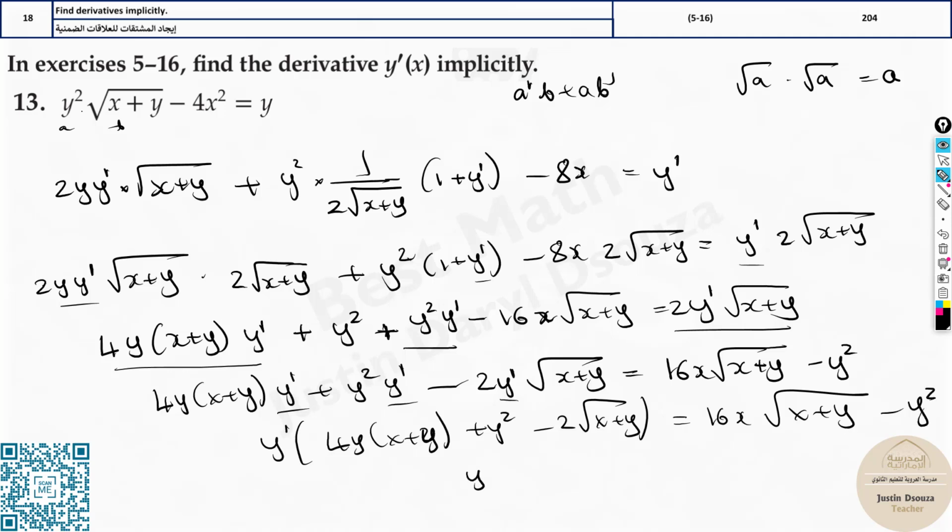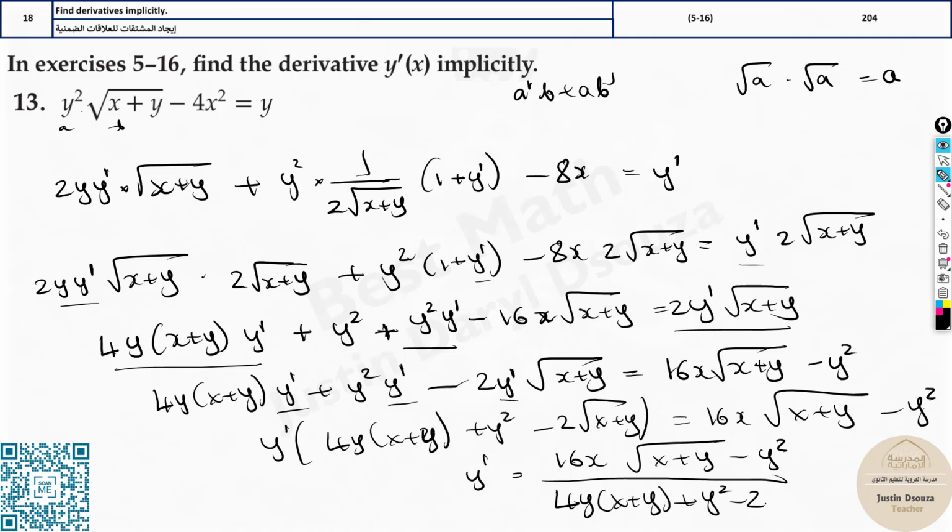Now the final answer would be all the terms to the other side in the denominator: 16x square root x plus y minus y squared divided by 4y times x plus y squared minus 2 square root x plus y. I hope this much is clear for everyone. That is the final answer.